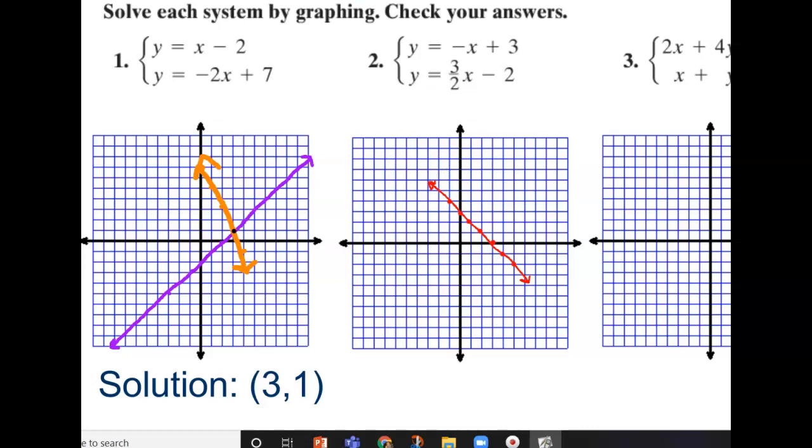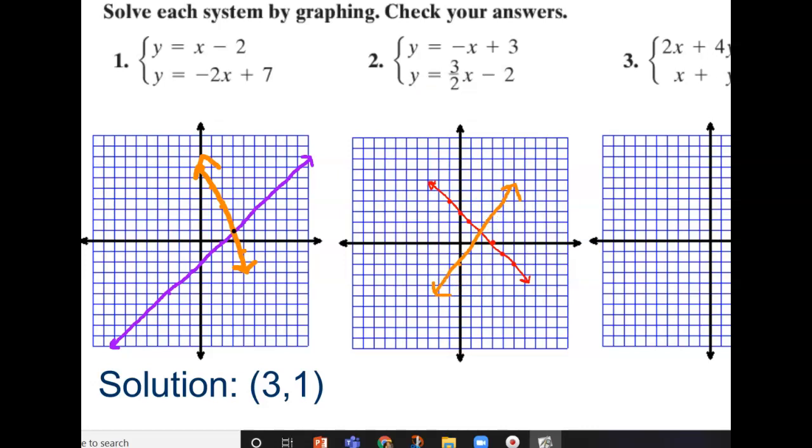And then we plot our second graph. So its y-intercept is -2. My slope is +3 over 2. And once again, my two graphs intersect.